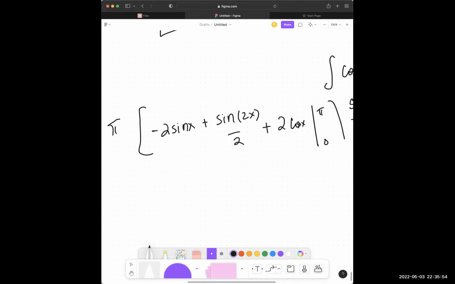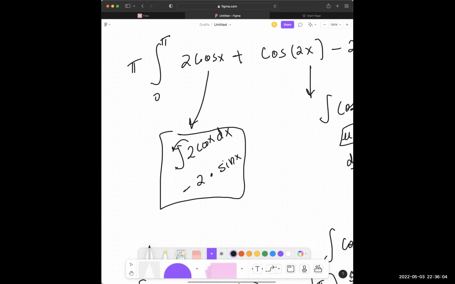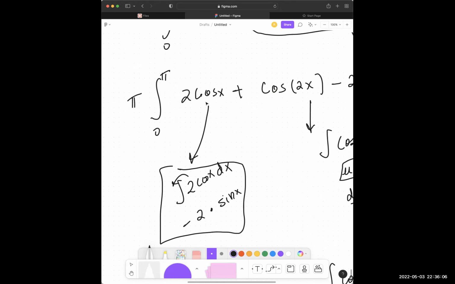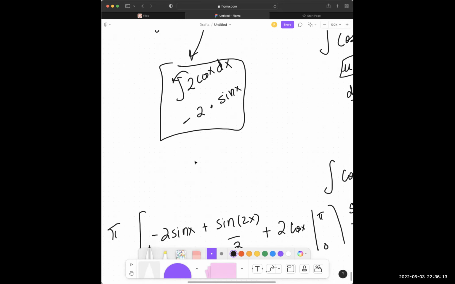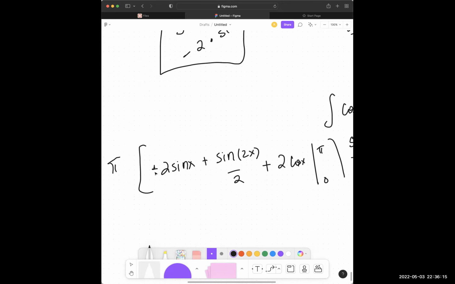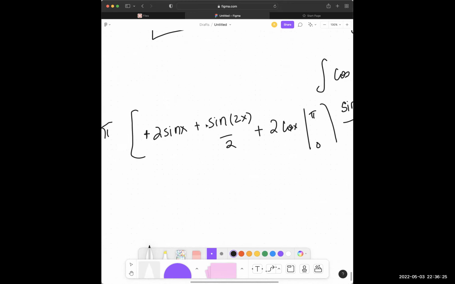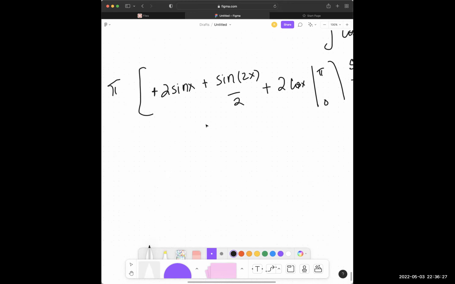Although I don't think the 2 is negative, because the integral of cosine is just sine. So it wouldn't be negative, it would be positive here. So positive 2 sine of x, then sine of 2x over 2 plus 2 cosine of x is what we'd have, and we'd evaluate this from 0 to pi.